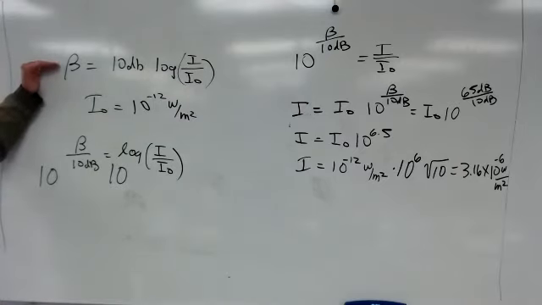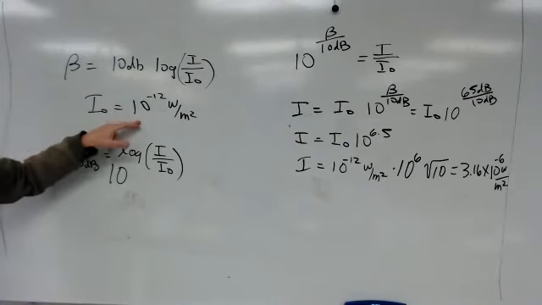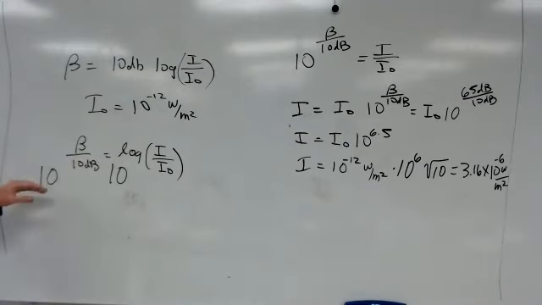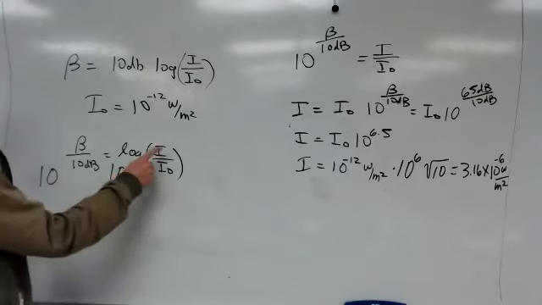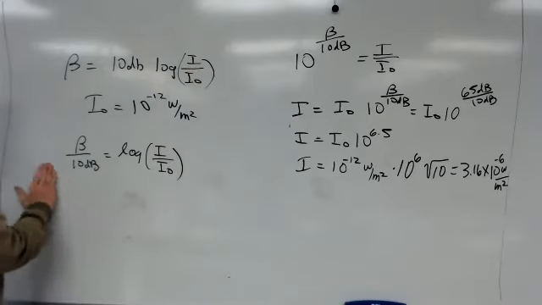So this is where we start, right? And that's just the equation you get. And I just wanted to recognize that I naught as 10 to the minus 12 is just something we use for human hearing. It's just how the human ear works, right? And so I'm trying to get this guy, and untangling him is kind of tricky.